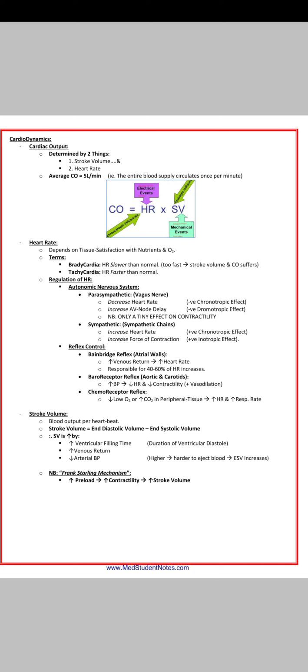Next is the arterial BP, meaning arterial blood pressure. When the arterial blood pressure decreases, the stroke volume increases.